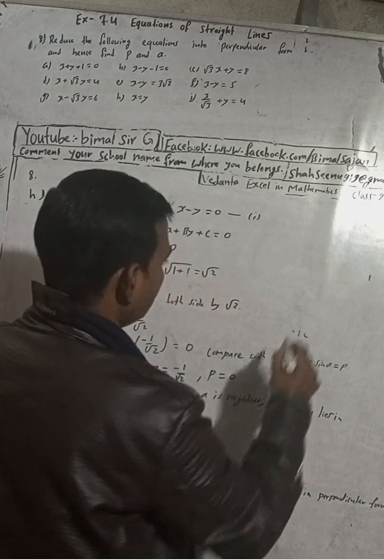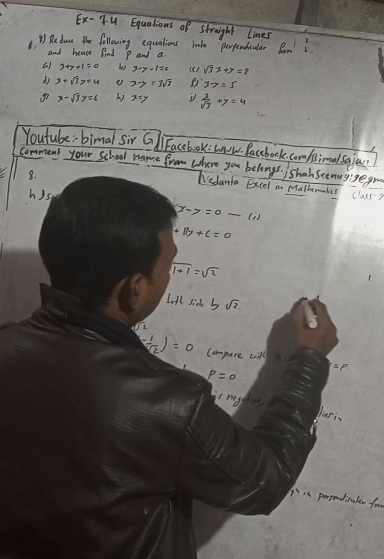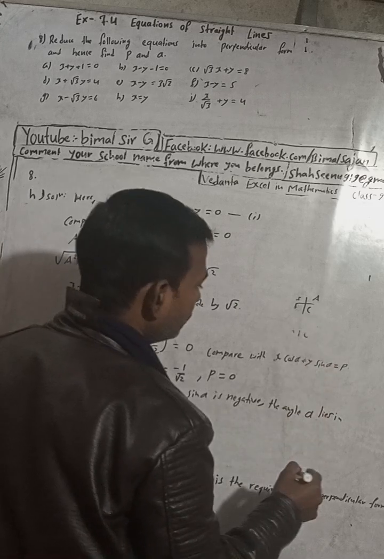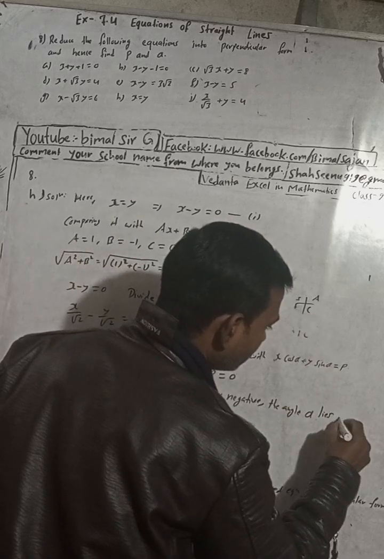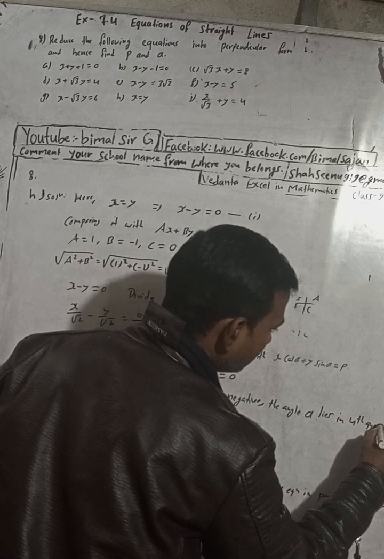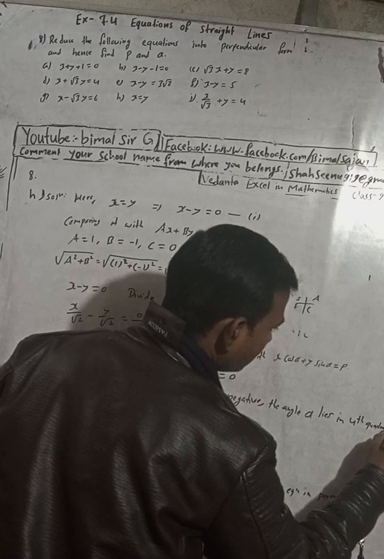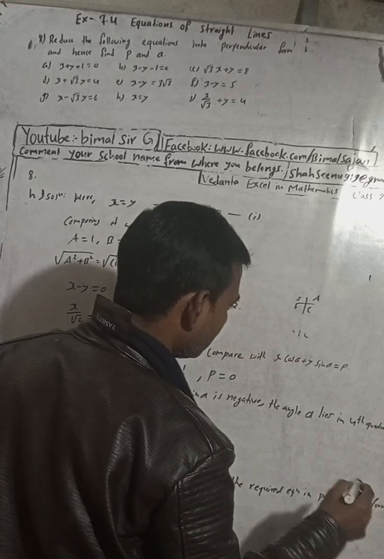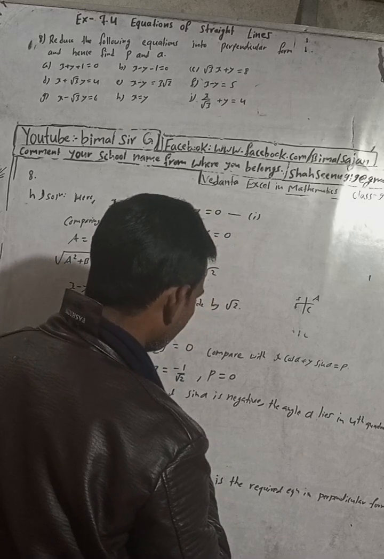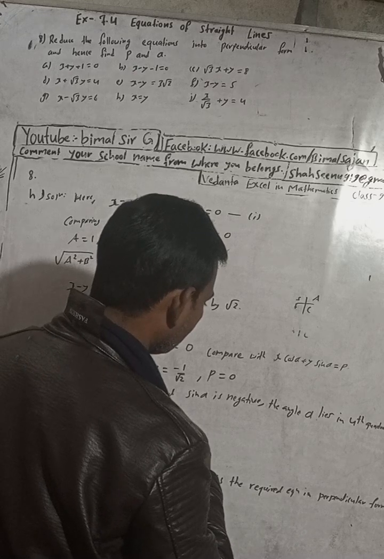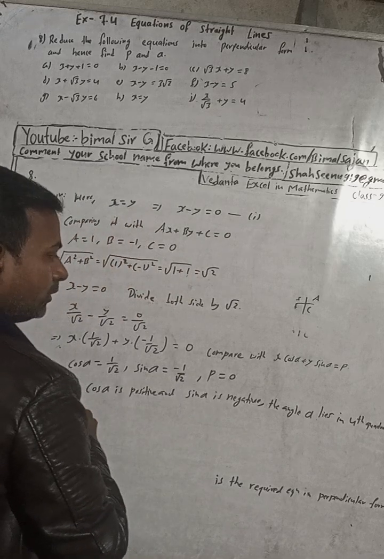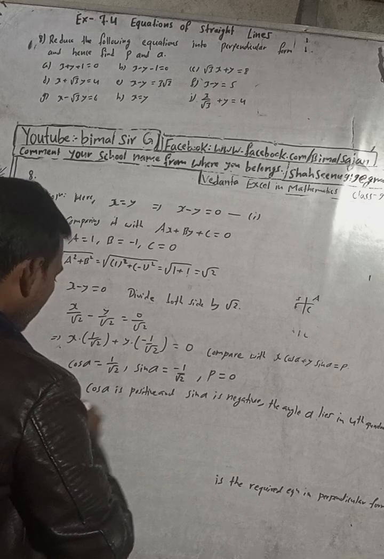See the rule: cos is positive in the fourth quadrant and sin is negative in the fourth quadrant. So the angle alpha lies in the fourth quadrant.